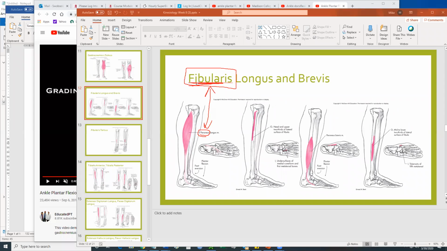Anything that goes with the fibula is going to go to the outside of your leg, so all of these are on the pinky side toe. And all of these are going to move your foot or ankle away from your body, or away from midline is probably a better way to say it. So fibularis goes away, or laterally.